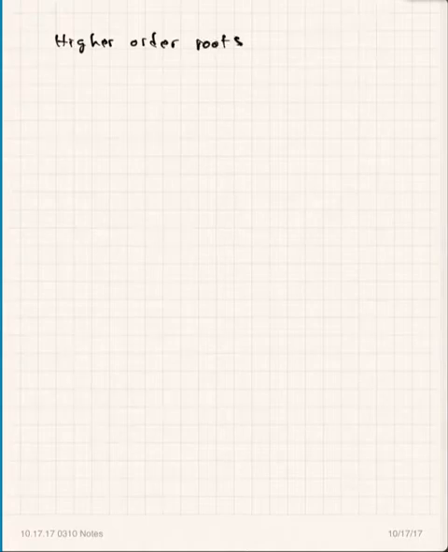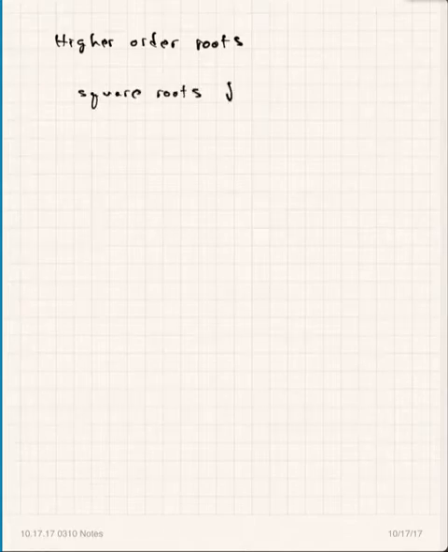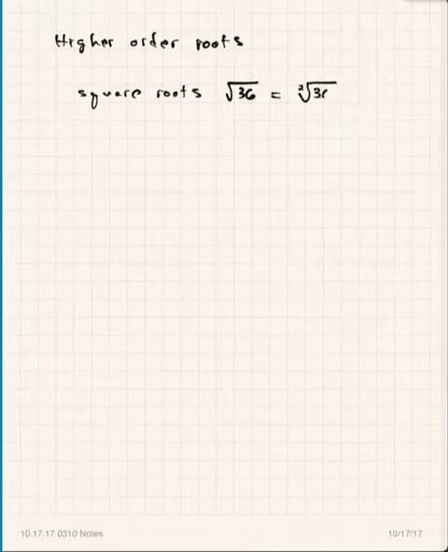So far, what we've been talking about is square roots. For example, when we write the square root of 36 with a radical symbol like that, that is actually shorthand for that symbol right there, where there's a little 2 written inside the radical, and that 2 is called the index of the radical.